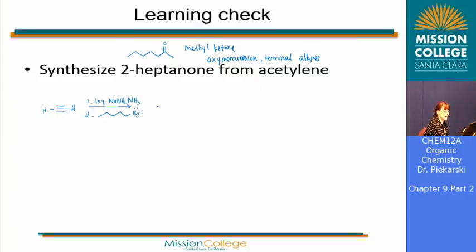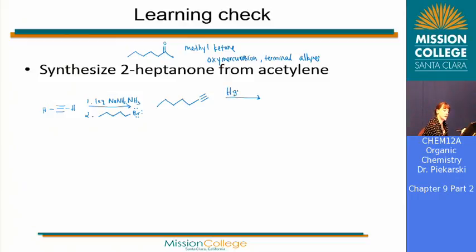And then I'm going to have 1, 2, 3, 4, 5, 6, 7. Excellent. And now I have my terminal alkyne. I just need the reagents to do my oxymercuration. And it's different than alkenes, and make sure you make note of that in your tables or when you're studying.